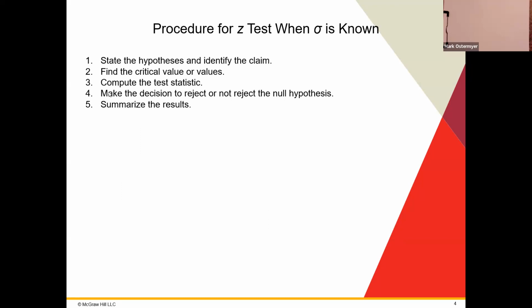Step number 1 is you, first of all, clearly have to state the hypotheses that are going to be tested. And you need to identify which hypothesis is the claim that we are testing. Sometimes the claim is our alternative hypothesis statement, but sometimes it is the null hypothesis statement. It just depends on what the claim is.